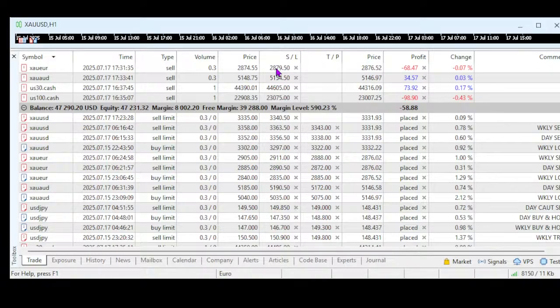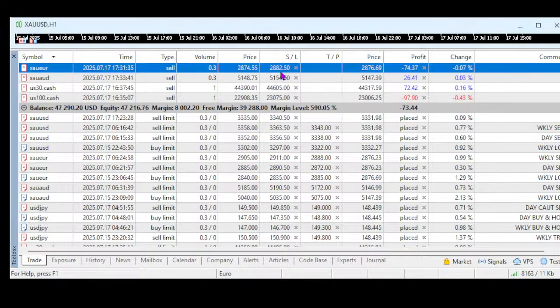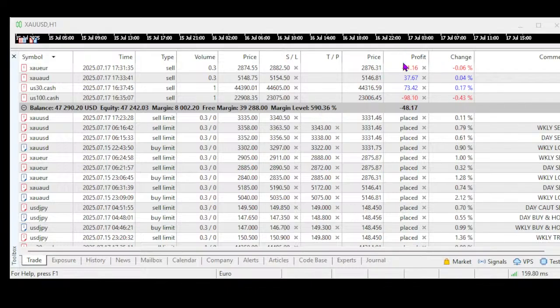I'm going to change this to 82 half stop. I'm going slightly higher, and I'm going to go for another trade at 80 half. And that's it. I'm not going to go for any more trades for the gold today.